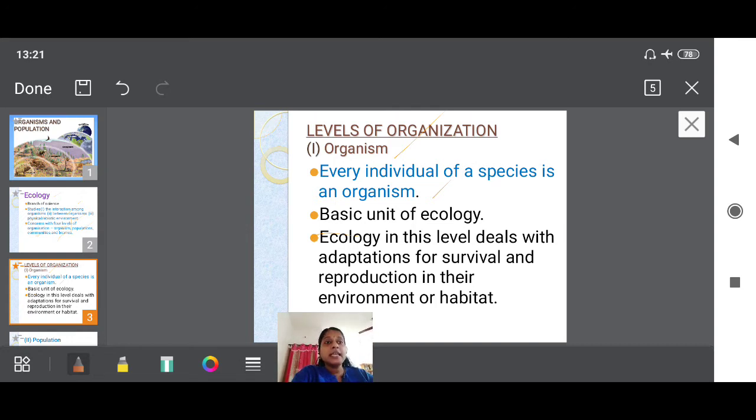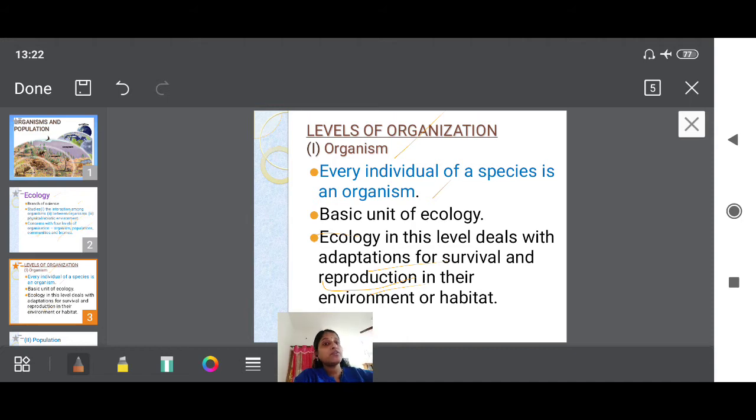Ecology at this level deals with adaptation for survival and reproduction in their habitat. So how are the organisms adapting to the environment so that they can live on this earth? They adapt so that they can survive, and along with survival they are also able to reproduce. Why is reproduction important? The next generation has to be carried on. The species should not become extinct.